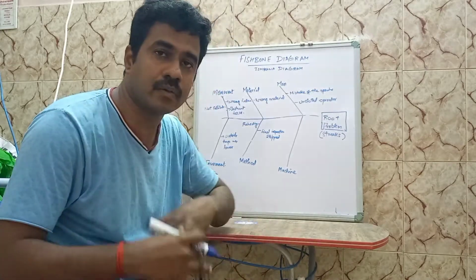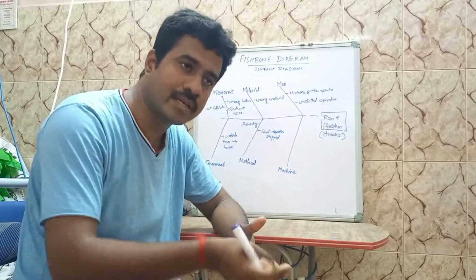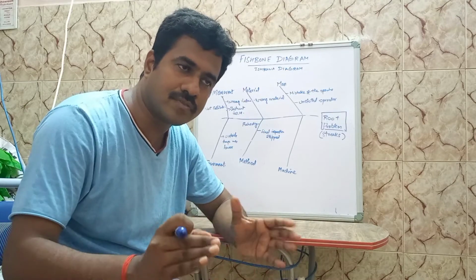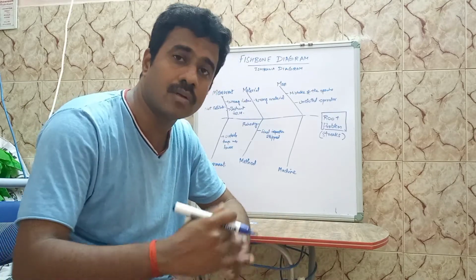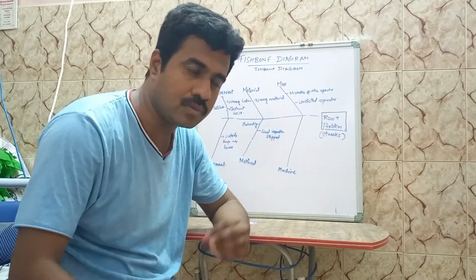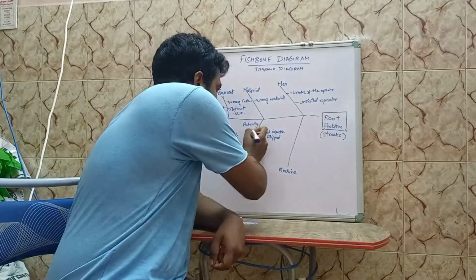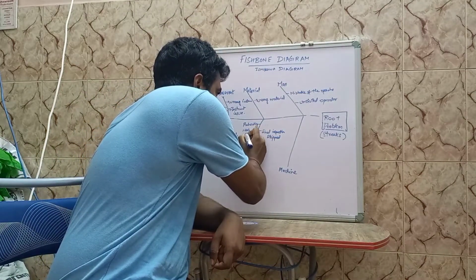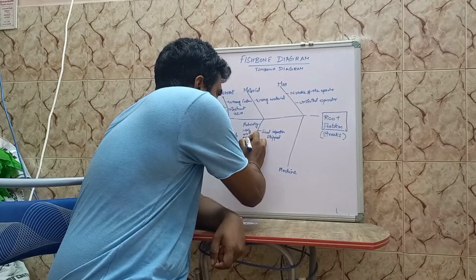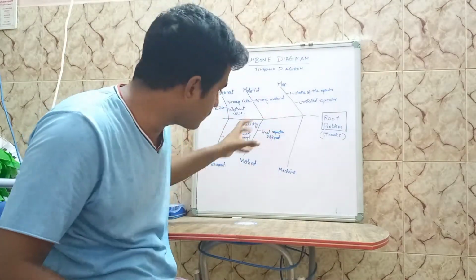You have to make sure it's preheated for a period of 2 or 3 hours, but it was not done properly. That is a method cause, so we can write it down. I'm writing down: preheating was not done properly. So we have found two causes for the method.